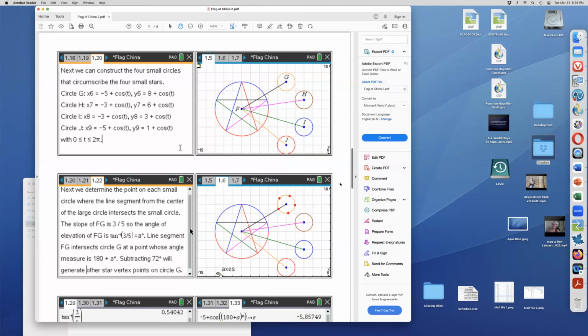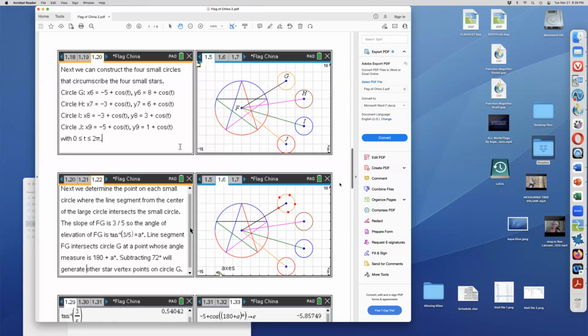Okay, so this is where those lines that we drew connecting the centers become important, because where those lines intersect the small circle, that is where we want to put one of the vertices, and that'll be the vertex that points towards the center of the circle.